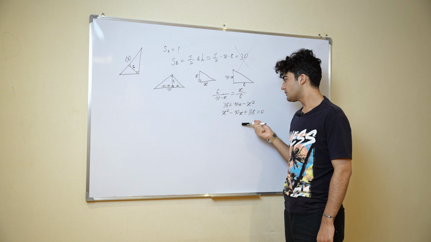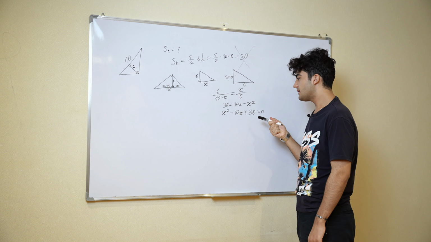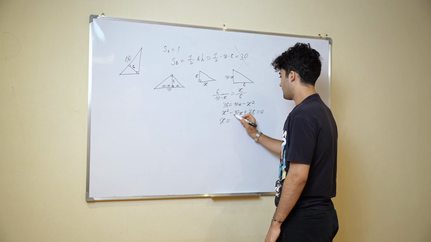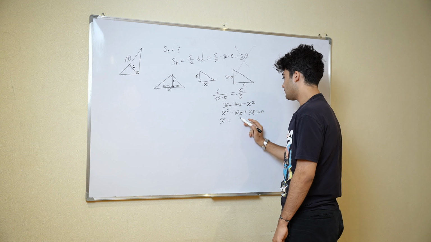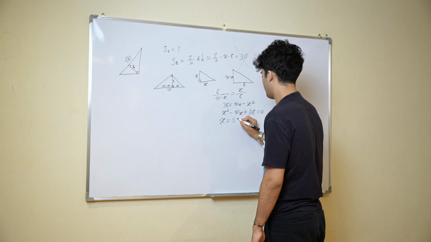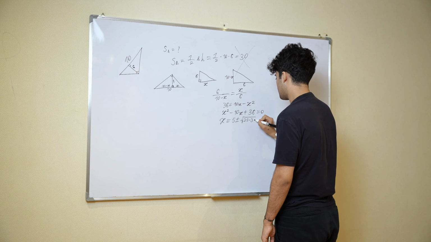So what's wrong with this equation? If you look at it, it's impossible. Let me show you why. Because the coefficient of x is divisible by 2, we can just write x equals 5 plus or minus the square root of 25 minus 36.